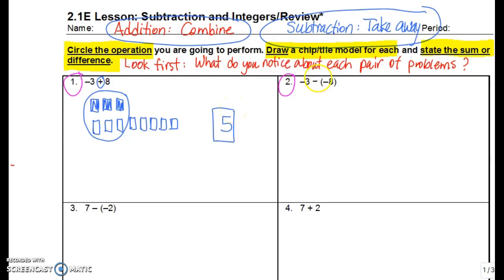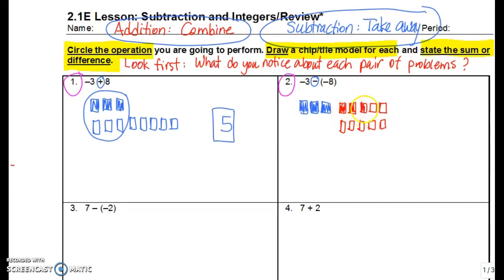Number 2, I'm subtracting. I've got 3 negative tiles, and I need to take away 8 negative tiles, but I don't have enough negative tiles. So I'm going to add 5 zero pairs, and in adding those 5 zero pairs, I will create enough negative tiles to take away.